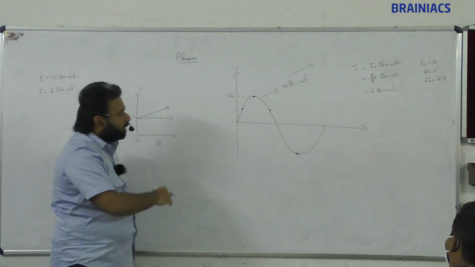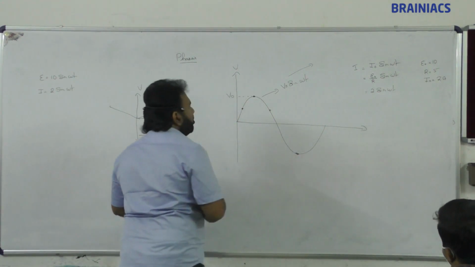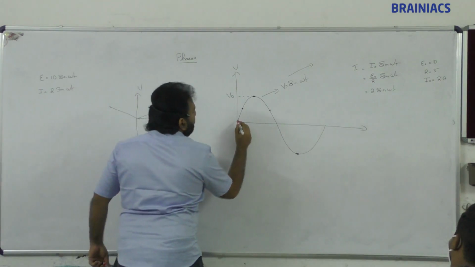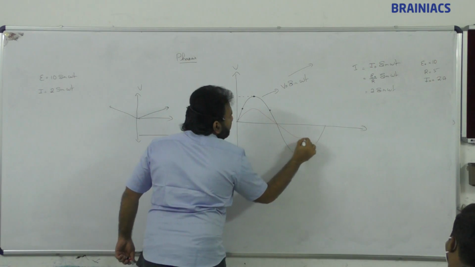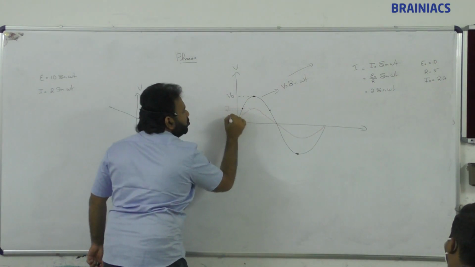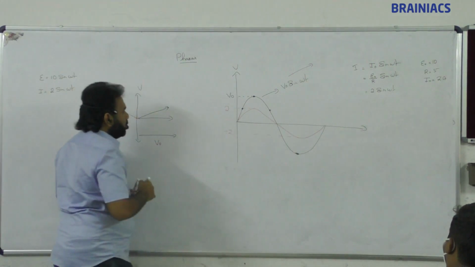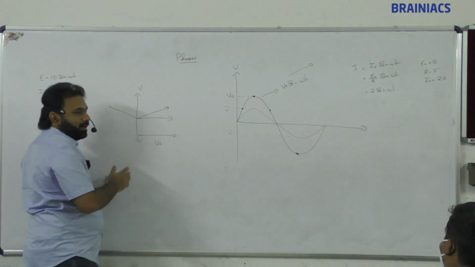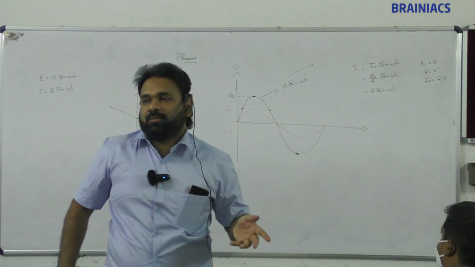Everything is right. Now if I draw the same waveform of I, it will be like this. This can be 2, and this can be minus 2. So are both current and voltage in the same phase or different phase?